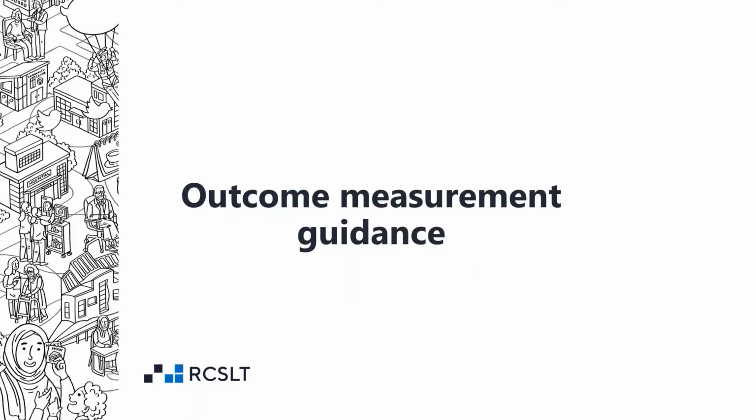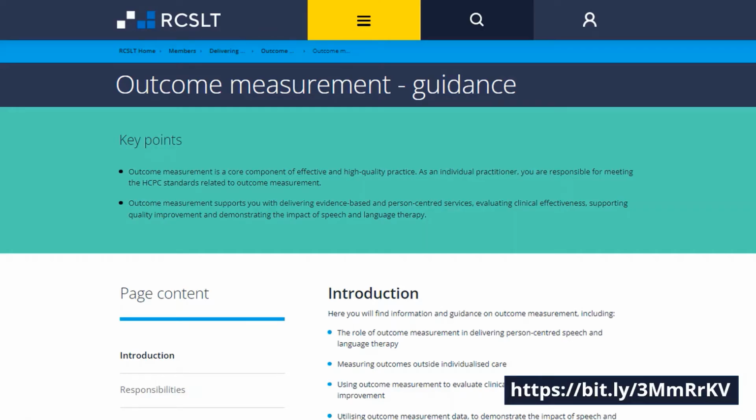Firstly, let's take a look at the RCSLT's guidance on outcome measurement. The guidance is provided on the RCSLT website, and you will need to log in to view all of the content. Our outcome measurement guidance is divided into sections, providing key information on a range of topics.